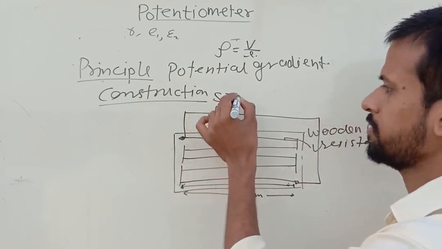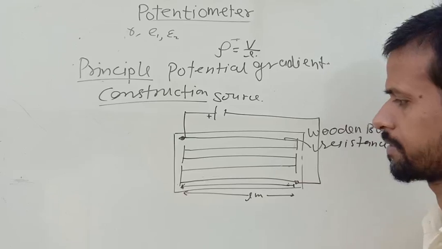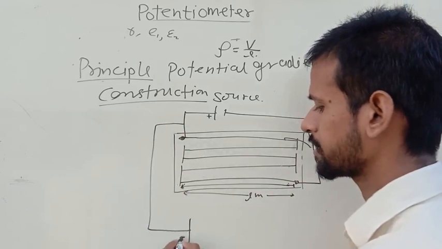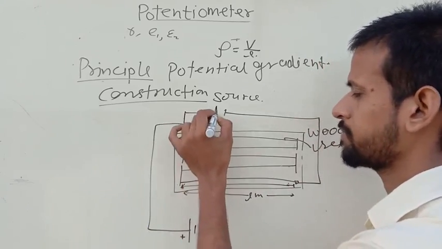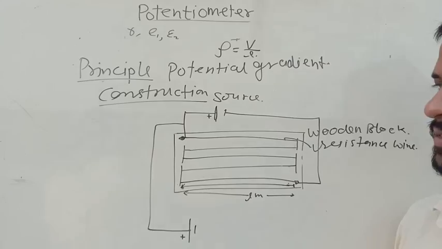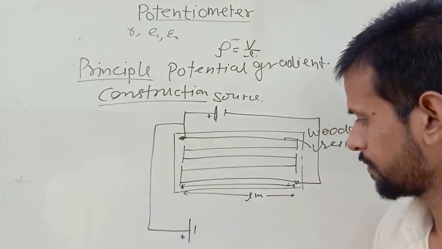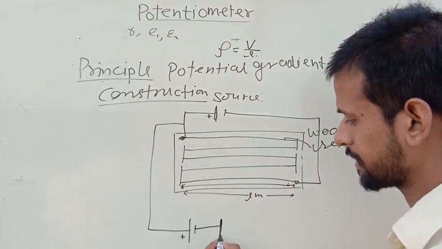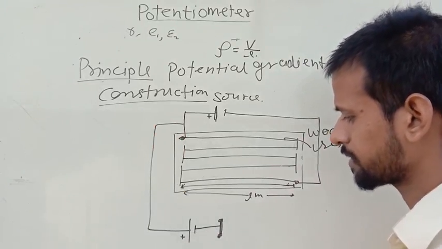So this we call the source, and another battery's plus is connected with the first battery's plus, as we discussed before. Here is a switch, according to my use.